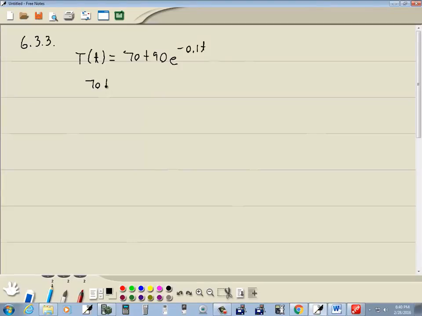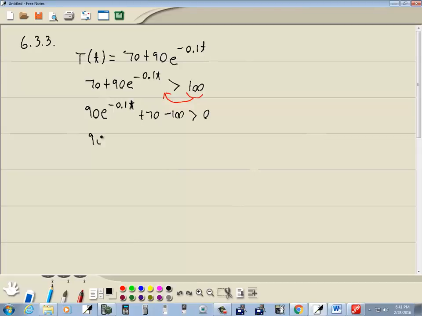What they're saying is you take 70 plus 90 e to the negative 0.1 t, and you're wondering when that's going to be greater than 100. Now you do need to get 0 on one side, so I'm going to take this 100 and move it over. I'll put the 90 e to the negative 0.1 t first, plus 70 minus 100 is greater than 0.